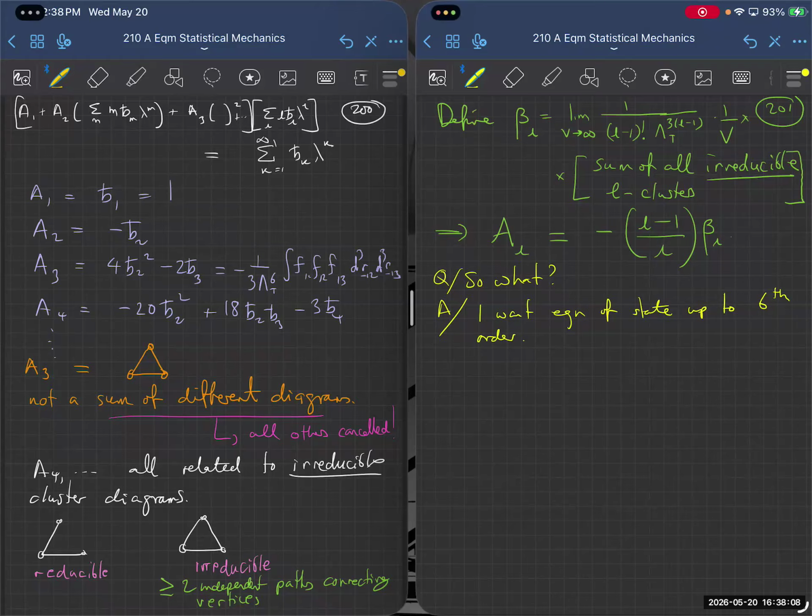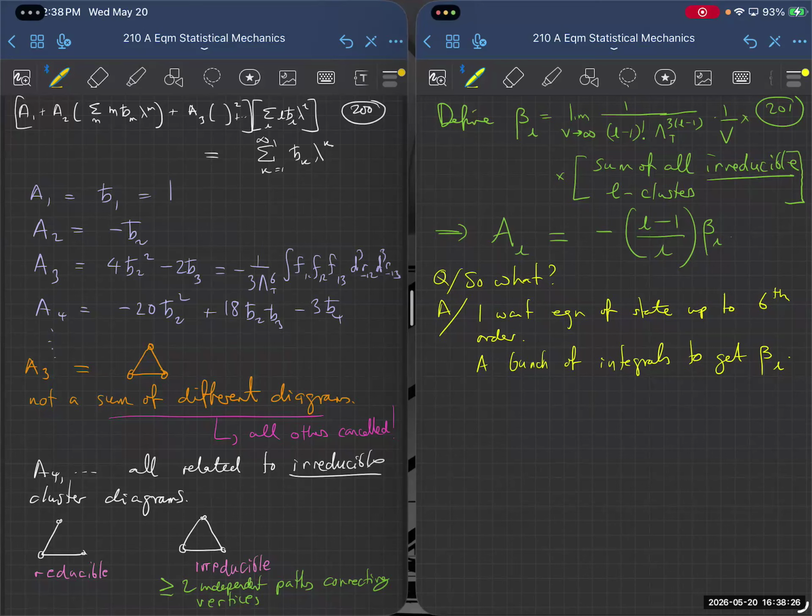Basically, I just have to do a bunch of integrals to get these beta_L's, and then I get a number, and then I'm done.